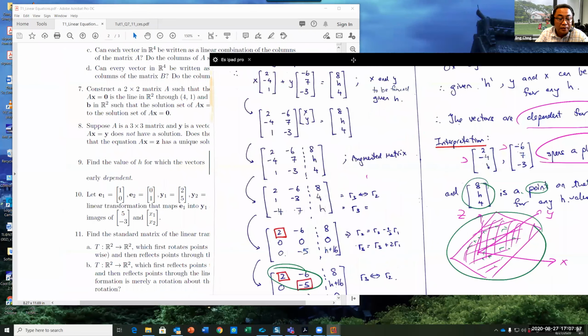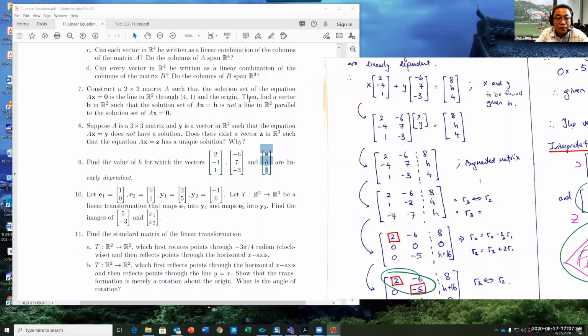The question asks, find which are linearly dependent. But my interpretation of this question is we're given these two vectors and find whether the last vector is dependent on the first two vectors. That's how I interpreted it.